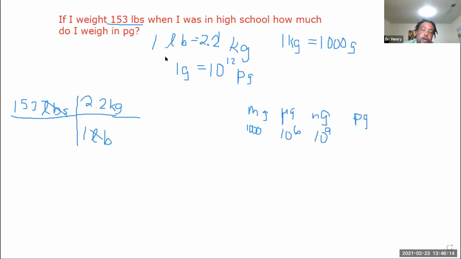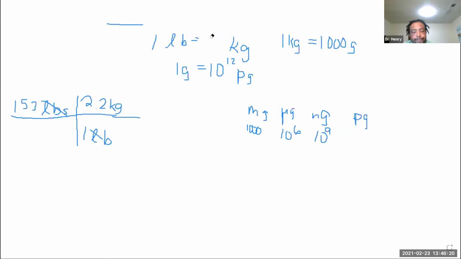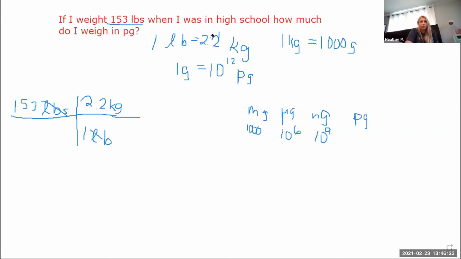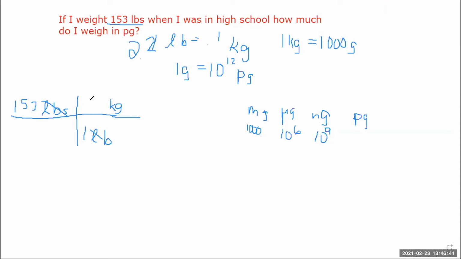Actually, you know, that's wrong. My equivalency there. Old age. 2.2 pounds equals 1 kilogram. Wait, so 2.2 pounds equals 1 kilogram?